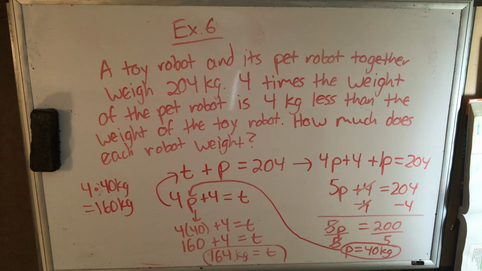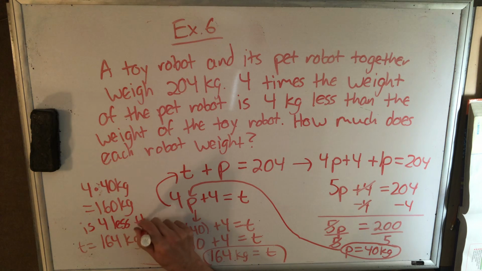And the weight of the toy robot is 164 kilograms. And 160 kilograms is 4 less than 164 kilograms, as it's talking about in the second sentence.